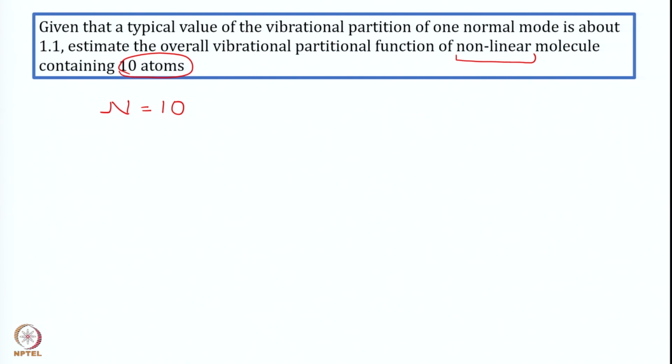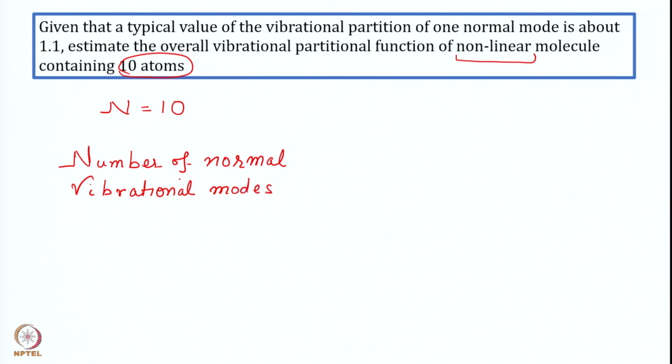So for nonlinear, the number of normal modes of vibration will be given by 3n minus 6.